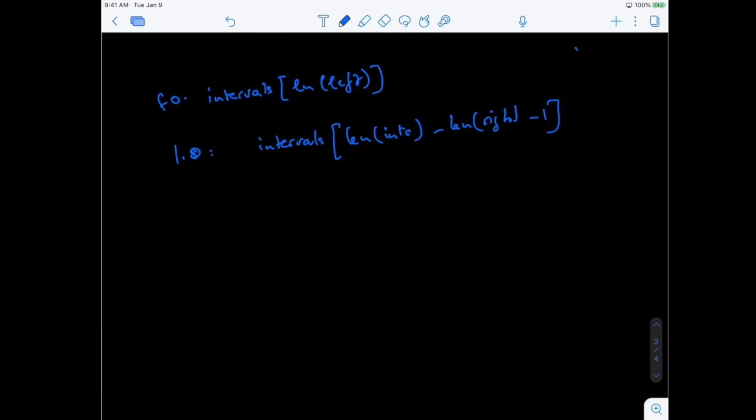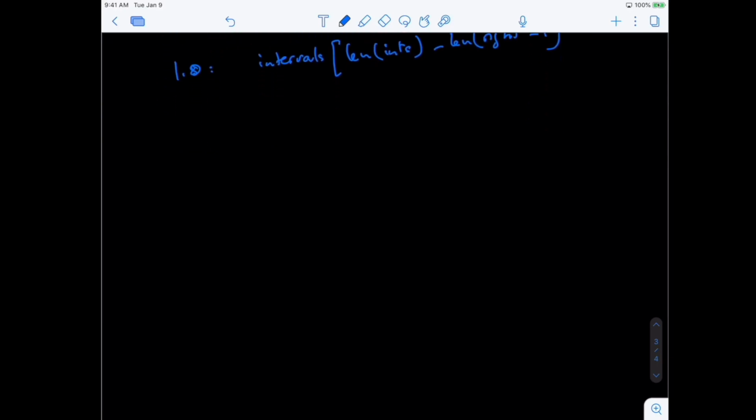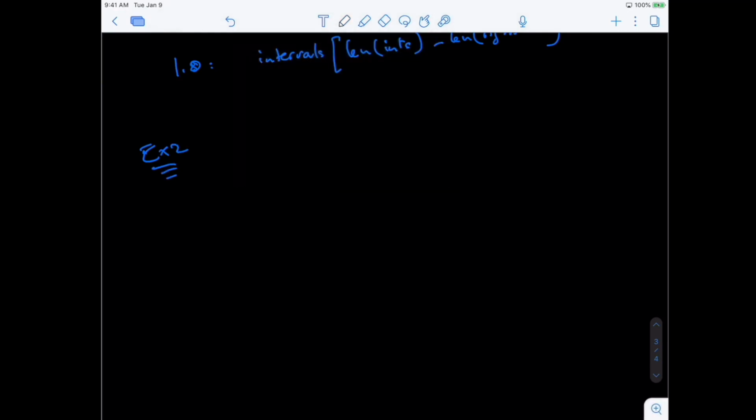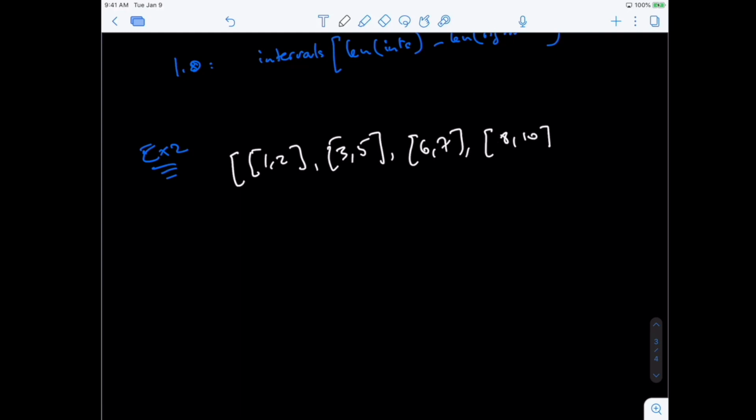Let's just run it on one of the examples, the second example, to make sure it's really clear. So that one we have 1, 2, 3, 5, 6, 7, 8, 10, and 12, 16.